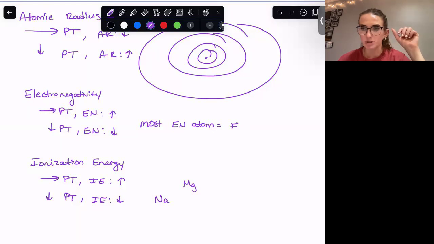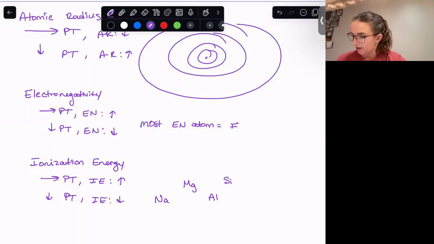Now that it's paired, it's a little bit stable, and it's going to be harder to pick off that electron. When we go to aluminum, we're now entering a higher energy level orbital, and it's unpaired. So that means that aluminum is going to actually go down in ionization energy. So it's easier to remove the electron from aluminum than it is from magnesium.